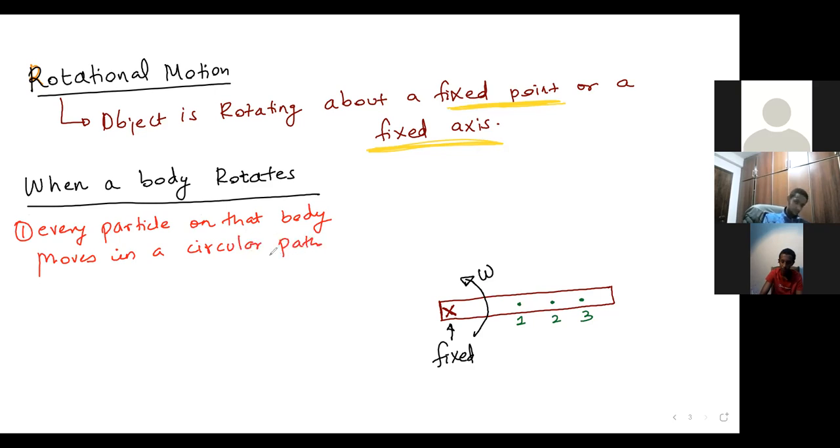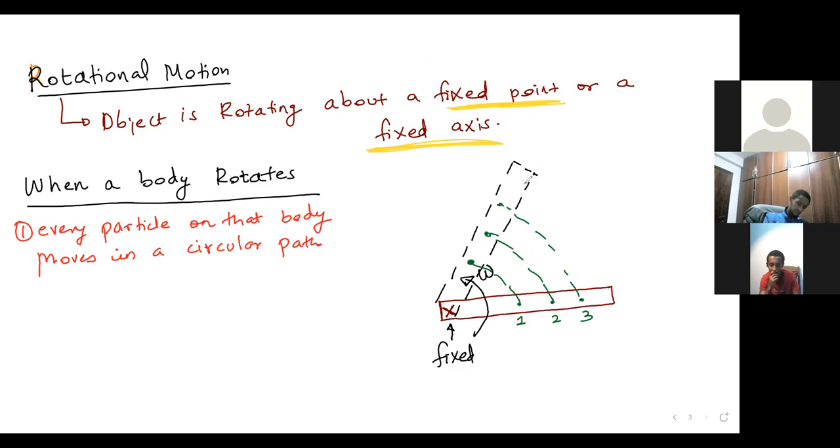Try to understand this. Try to visualize this. See, your rod is rotating, right? After some time, your rod will reach here, isn't it? Where has your particle A reached? It has traveled in a circular path here, right? Particle B has traveled like this, right? Particle C has traveled like this.